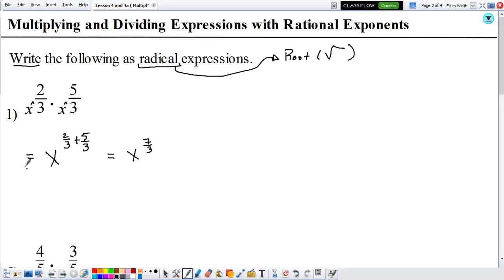And now, according to our previous video, we know how to go from here to a root form. What's my base? My base is x. We want to write this in radical form. The denominator becomes my root, which in this case is 3.